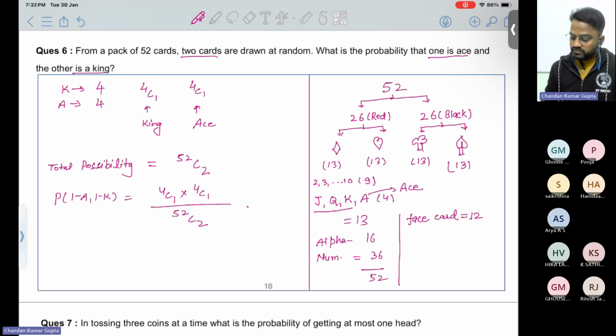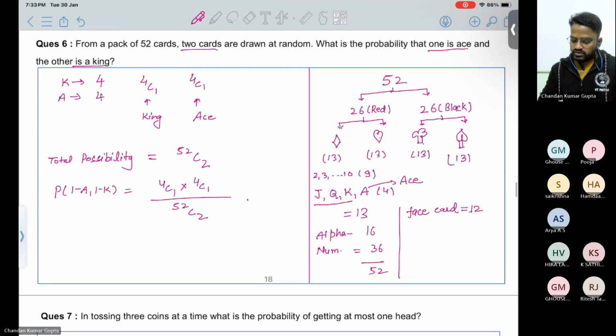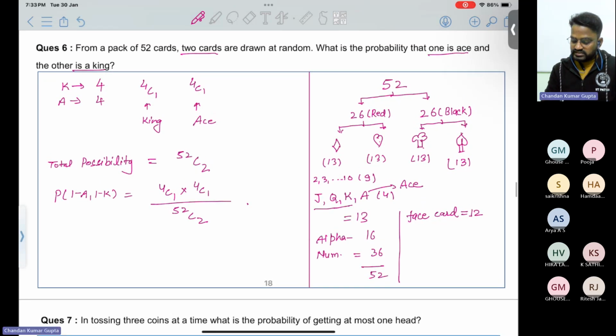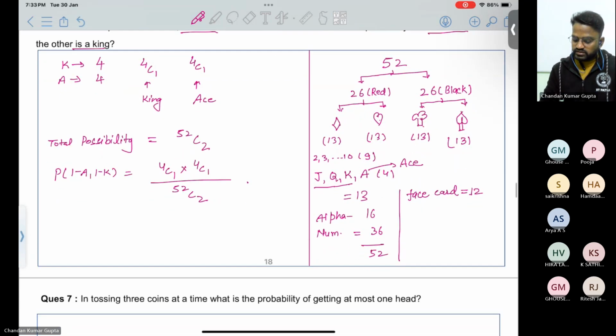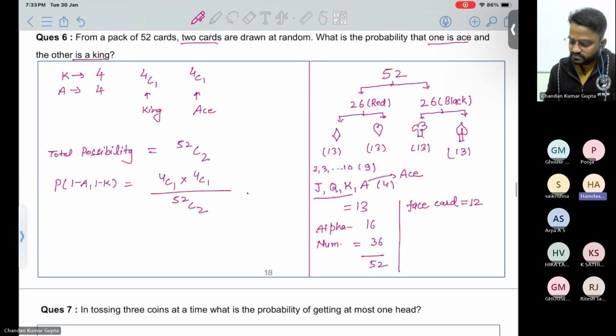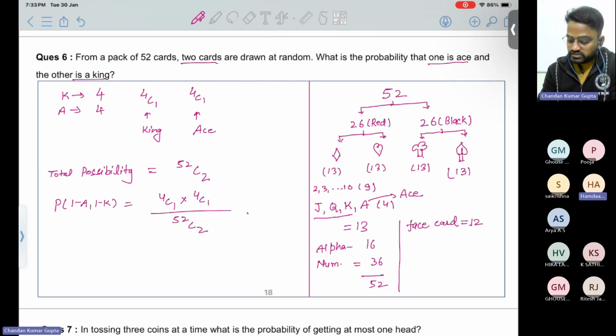Anyone have any problem? Is it understandable or not? Is it clear now how to solve the card problem? Yes, sir. Understood, sir. Okay.